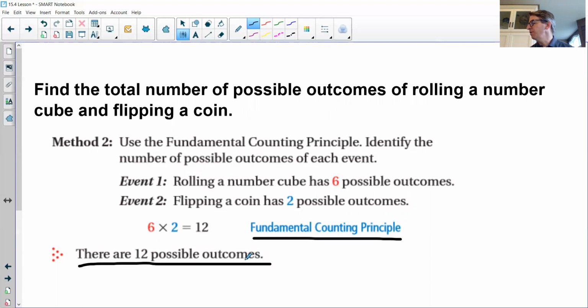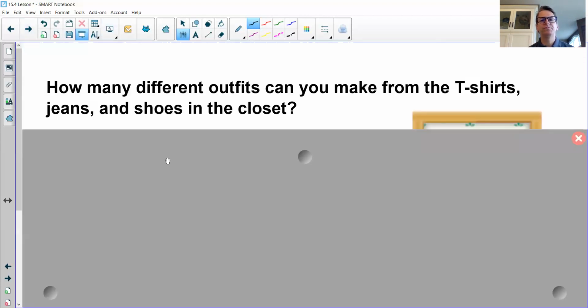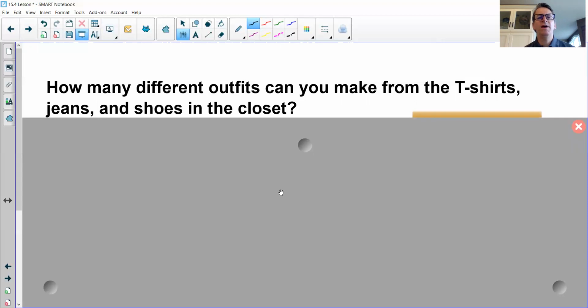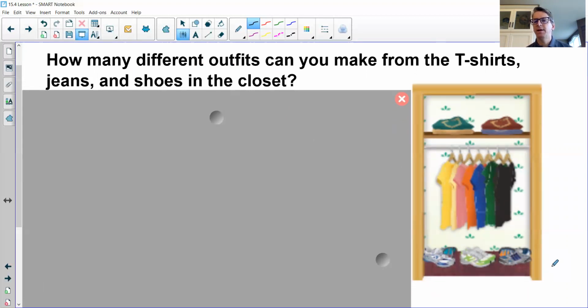Okay, example 3, finding the total number of possible outcomes. How many different outfits can you make from the t-shirts? Before I review the answer, here's our closet. We have 2 pairs of jeans.